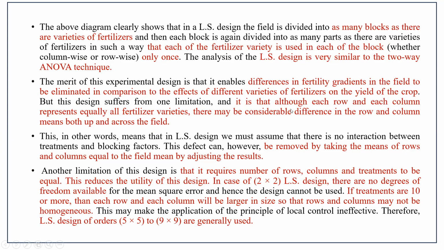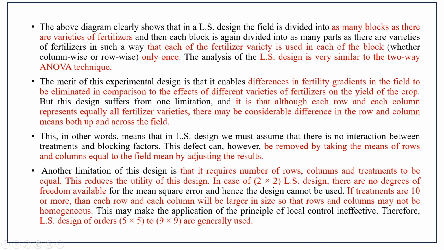The limitation of this design is that although each row and column represents all fertilizer varieties equally, everywhere the fertilizer is getting covered in that particular row and column, still there may be considerable difference in rows and columns. Means both up and across the field can be there. So you can remove that also by taking means of the rows and columns equal to the field mean, and by adjusting the result. So you can still reach the accuracy level just by taking means of rows and columns to the field means.